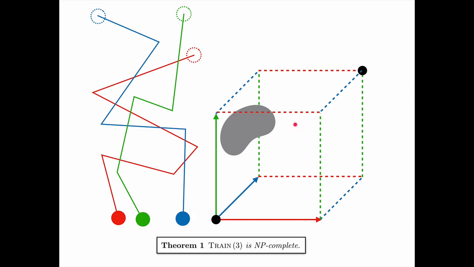So the general idea of the proof of theorem 1 is the reduction from a 3D shortest path problem, which is NP-complete, to our scheduling problem.